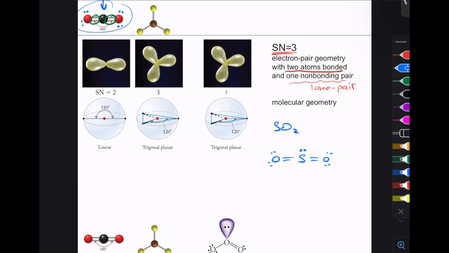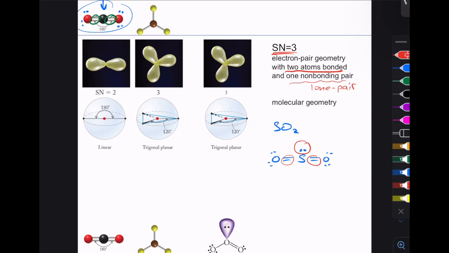Now, if we try to look at the steric number, we've got 1 packet of negative charge here. It happens to be a double bond, but they're all confined to the same area between the 2 atoms involved in that double bond. We've got a second packet here, and then we've got a lone pair up here.